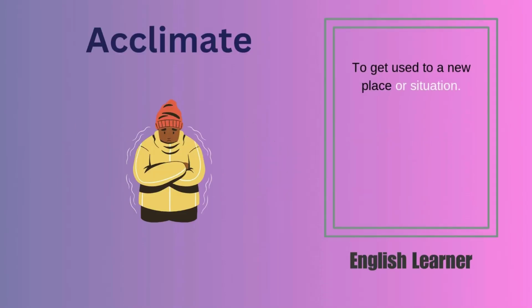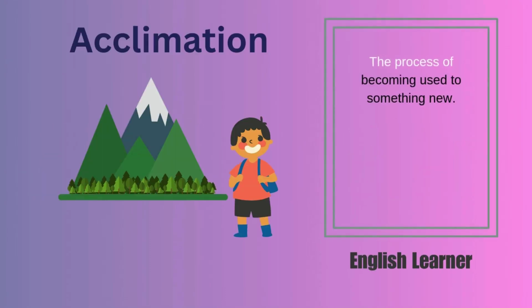Acclimate. To get used to a new place or situation. Example. It took me a few days to acclimate to the colder weather. Acclimation. The process of becoming used to something new. Example.